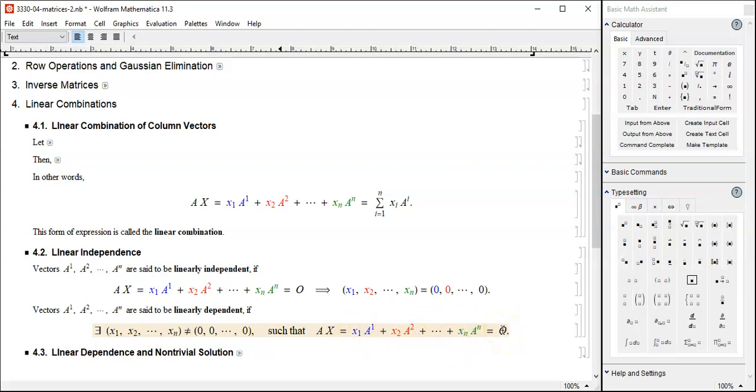In that case, we'll say these column vectors are linearly dependent. So linear combination equal to 0 implying all coefficients are 0, versus no, not necessarily. In the latter case, we'll say a1 through an are linearly dependent.